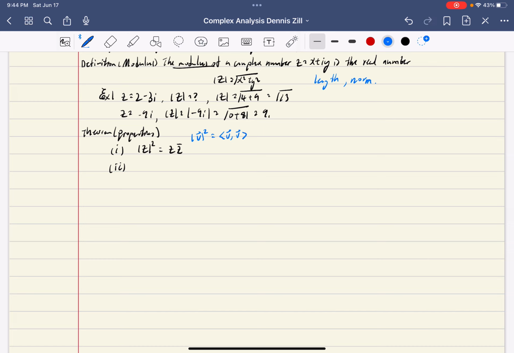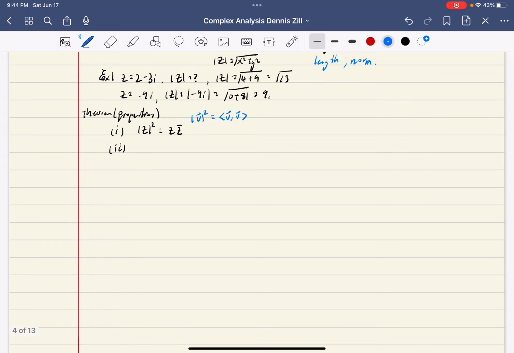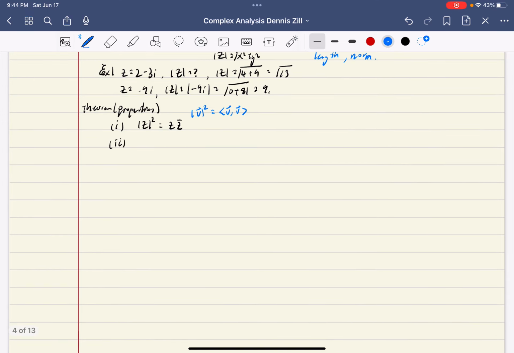So this is very similar, right? The reason why this is important is that you'll see a lot of these norms in quantum mechanics, right? This is your quantum mechanics.